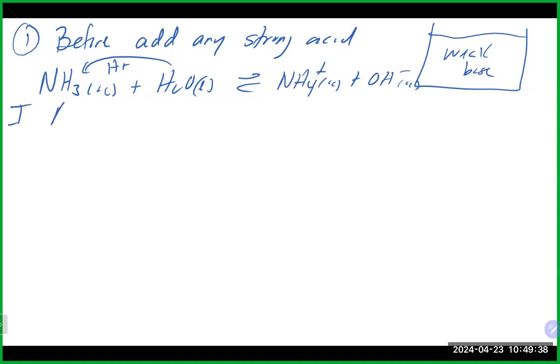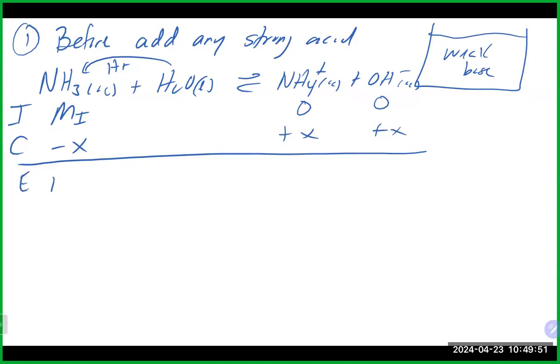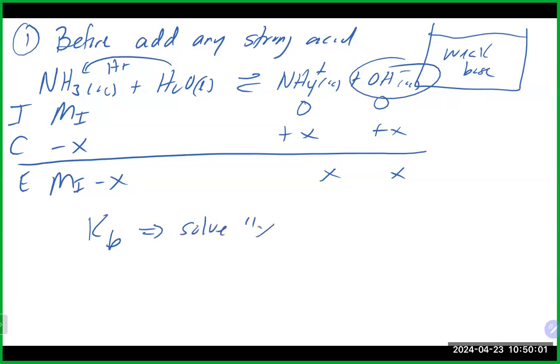This, again, you could do in molarity as you haven't added any volume. So you could just use the initial molarity of the weak base. These would be zeros, minus X's, plus X's: initial minus X, X, and X. This, because it is a base, would go into our Kb. We would solve for X. And in this case, as we can see from our table, X would equal the hydroxide concentration.